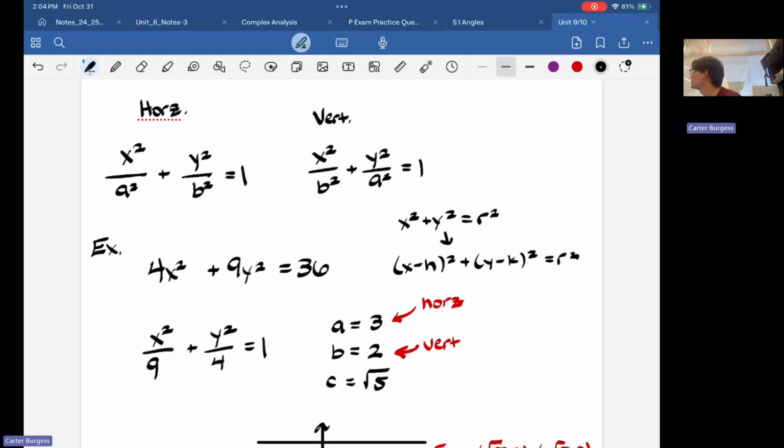And so we're just going to do exactly the same thing to our x and y. So instead of x squared, we'll do (x minus h) squared. And instead of y squared, we'll do (y minus k) squared. It's the exact same transformation. It's just this is for circles and this is for ellipses.